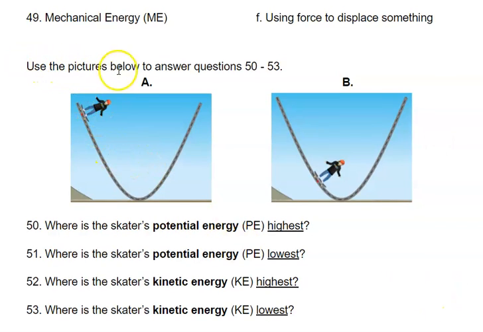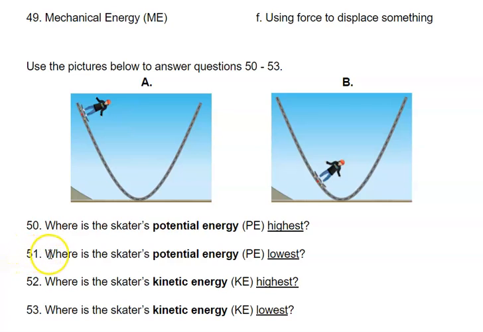Use the pictures below to answer the questions 50 through 53. A is a skateboarder here on the half pipe, and B is a skateboarder here on the half pipe. Number 50. Where is the skater's potential energy, PE, the highest?